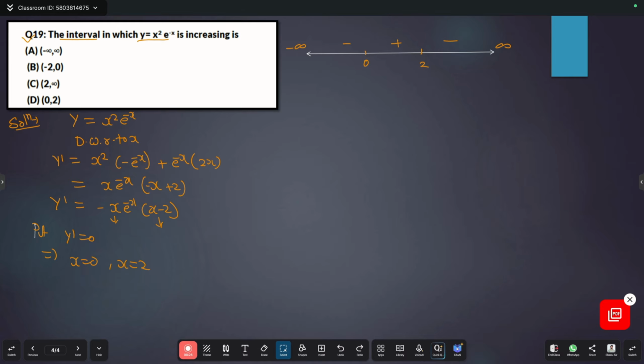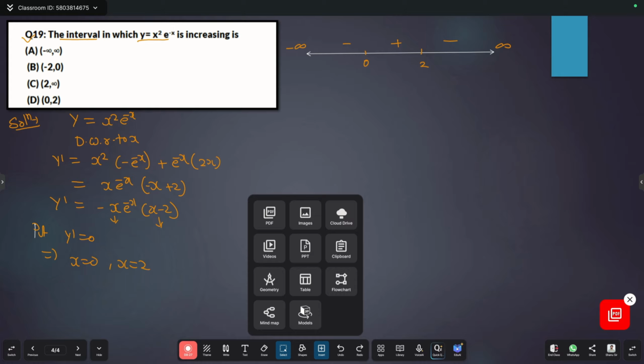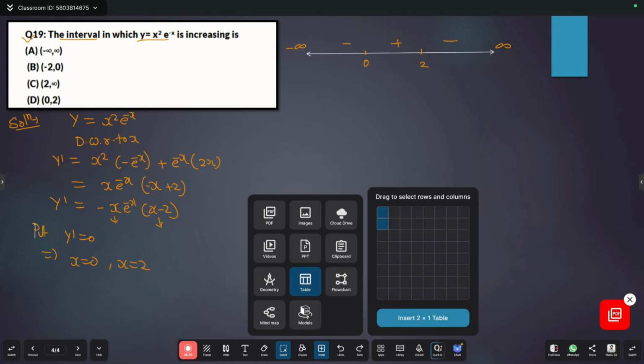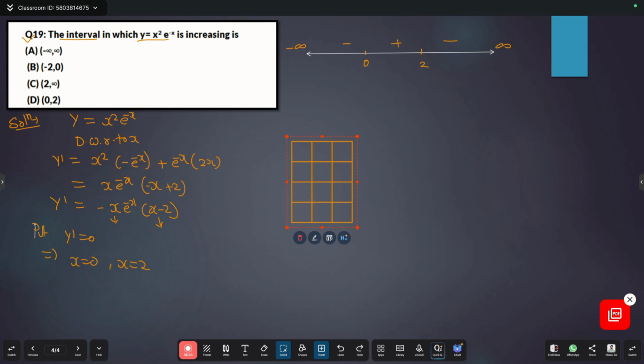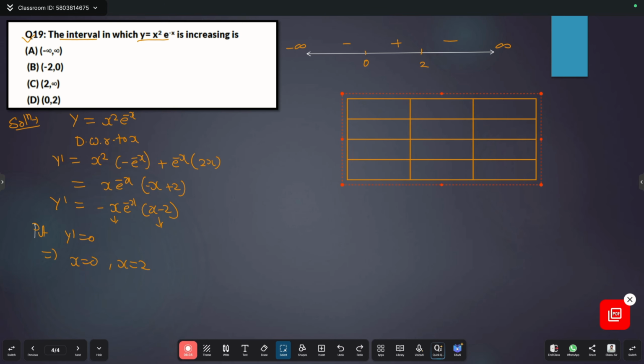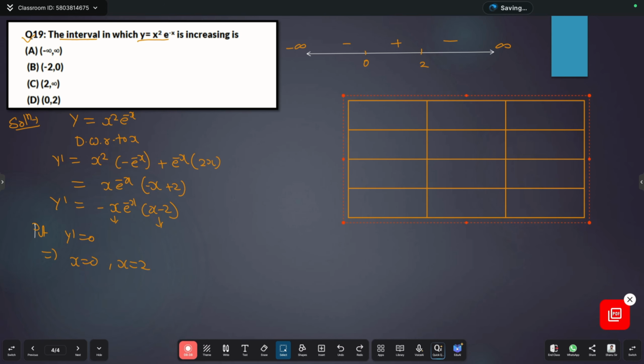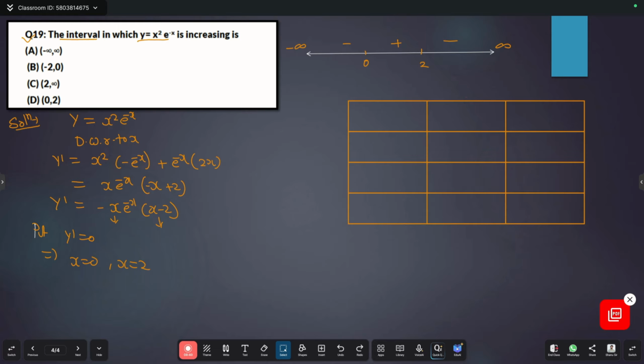Now we can make a table: interval, sign of f', nature of f(x).